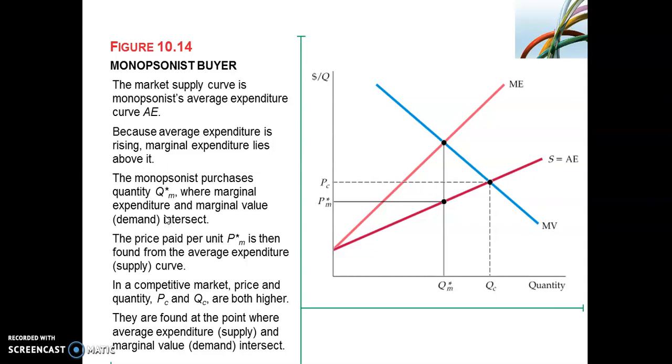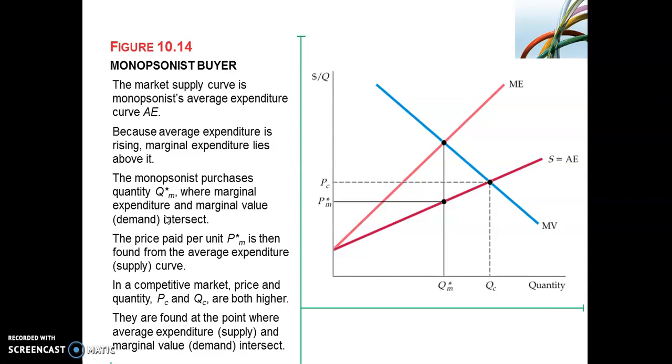So think about part A of figure 10.13 being the scenario for a competitive buyer, and this figure now deals with a scenario where you have one buyer, so this is a monopsonist. A question we need to answer is, how much must a monopsonist buy, because it's one buyer, to maximize the benefit?